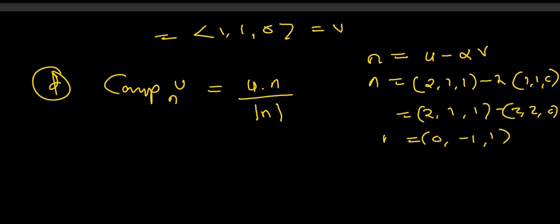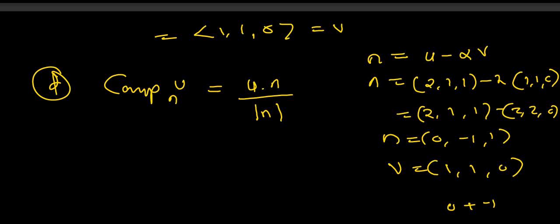If we have N, we do the same thing again: we get the dot product. It's 0 times this, plus negative 1 times this, plus this.